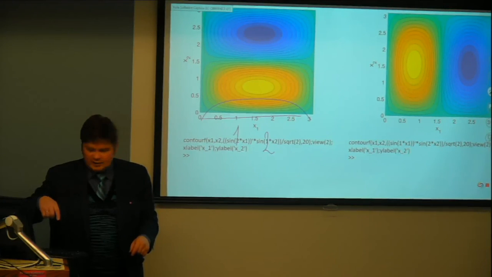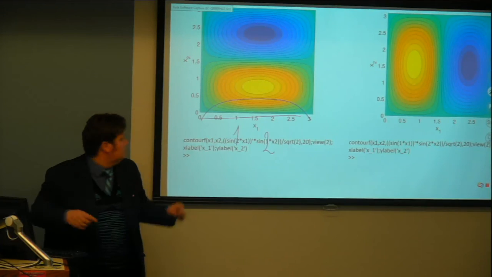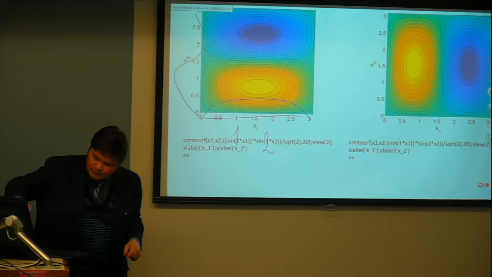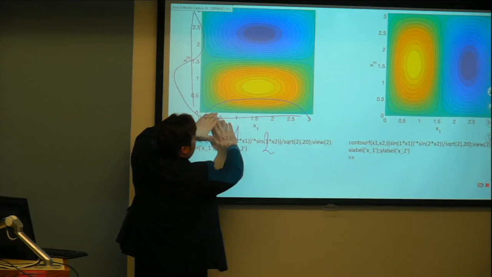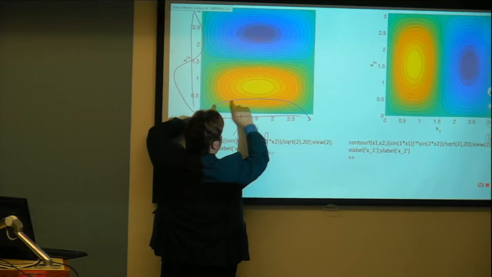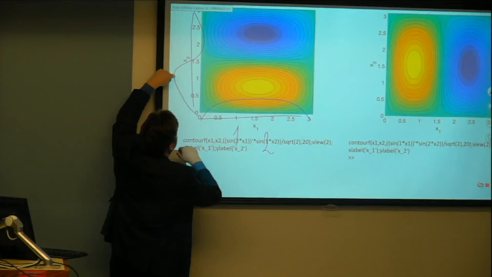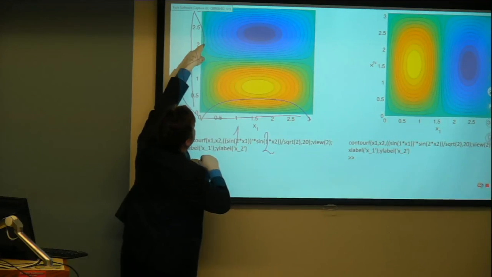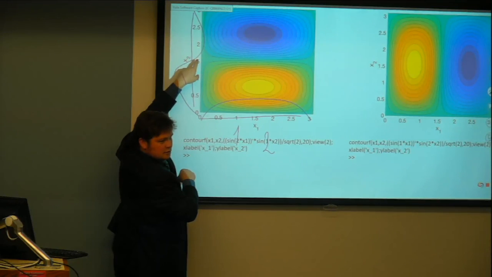Half period of a sine. For the second coordinate, it will be a sine going up and down, right? Now we are building a product of this function, which is maximum in the center and going to 0 at the edges, and this one, maximum in the first half, minimum in the second half, and going to 0 at the beginning, center, and the end. So it will be this.